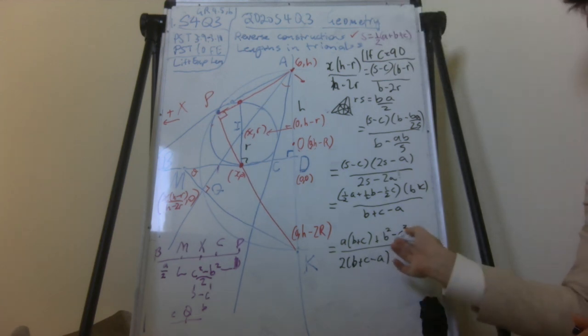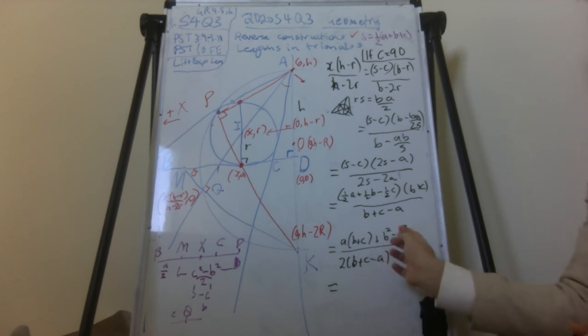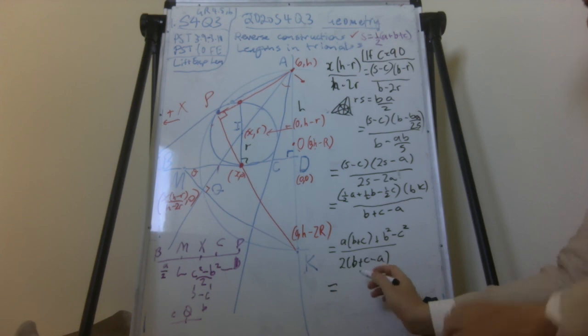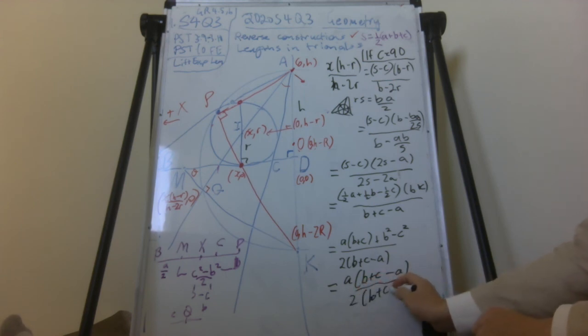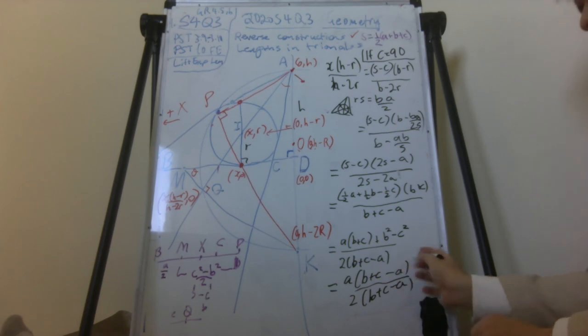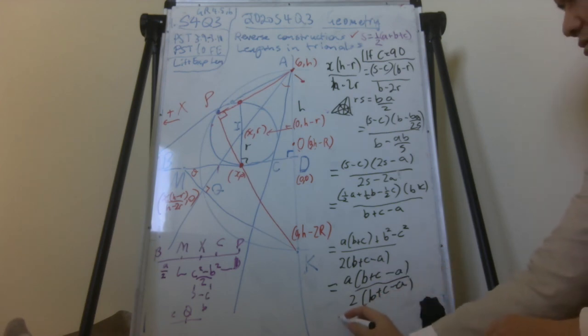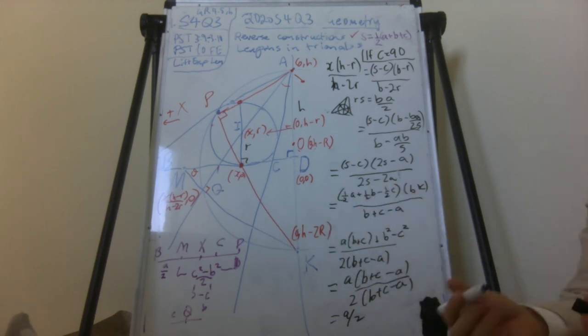Yeah, so Pythagoras, it's a right angle triangle now. So this is minus A squared. So this is A times B plus C minus A squared, so you get a minus A in there, and they cancel. You get A on 2. Wow. And that's the midpoint.